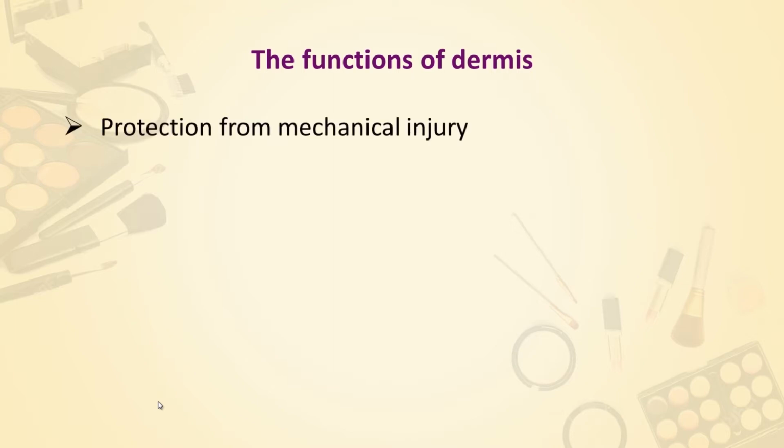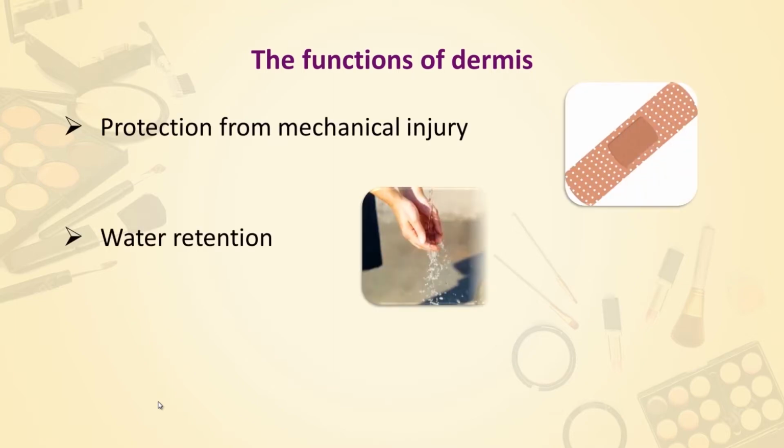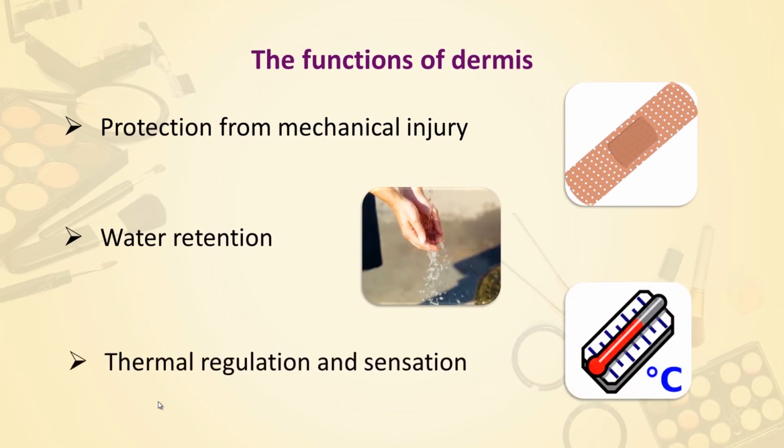For example, it protects our skin from mechanical injury, water retention, thermal regulation and sensation. This layer helps the epidermal layer maintain the properties of both tissues. It also helps in repairing and remodeling of skin after wound healing.